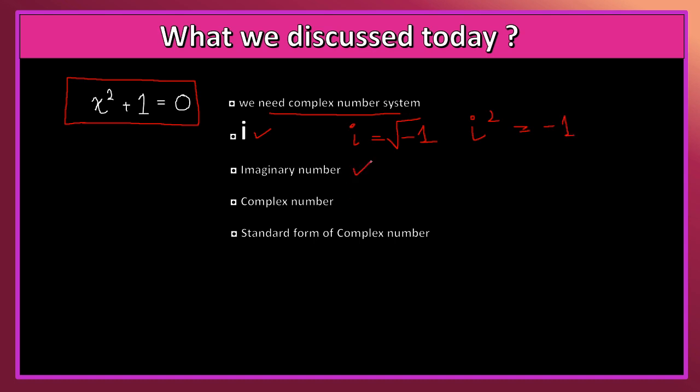Then we saw what an imaginary number is, what a complex number is, and what the standard form of a complex number is: a plus ib. So these are the topics we discussed. In the next video, I will discuss the concepts elaborately.